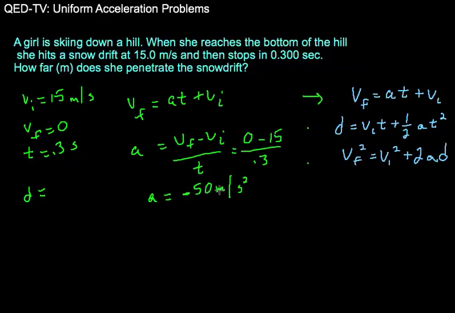Now I can use that acceleration to figure out D. So I have an equation here for D. And I could use either one of these here. So I'll go ahead and use that first one since I already solved for D. D equals VIT, that would be 15 times 0.3, plus 1/2 times negative 50, my acceleration now, times 0.3 squared.